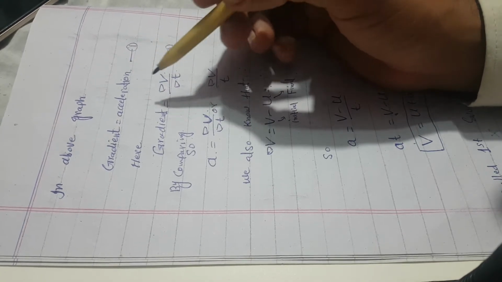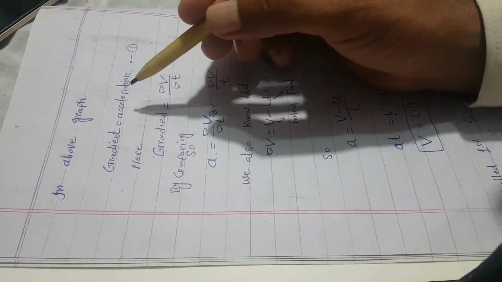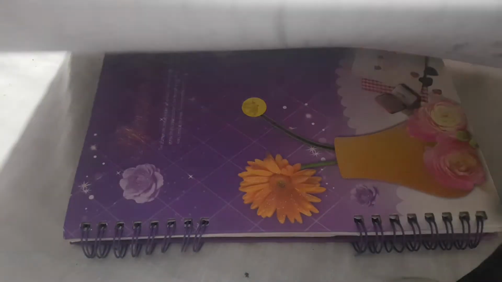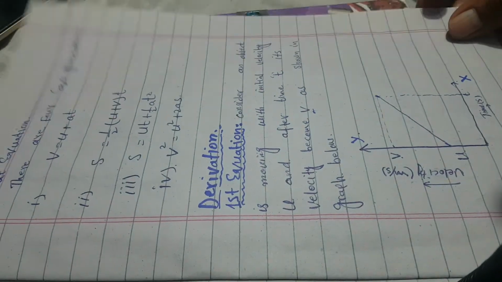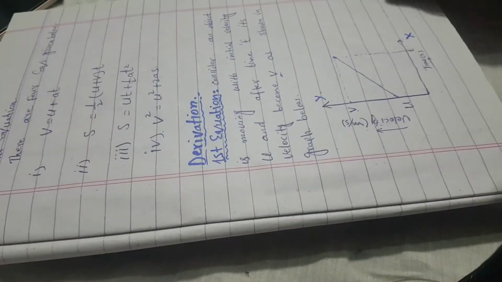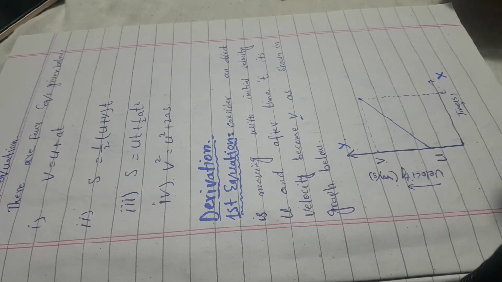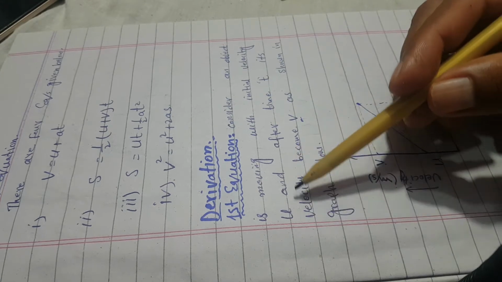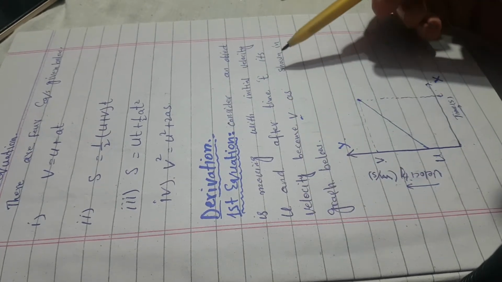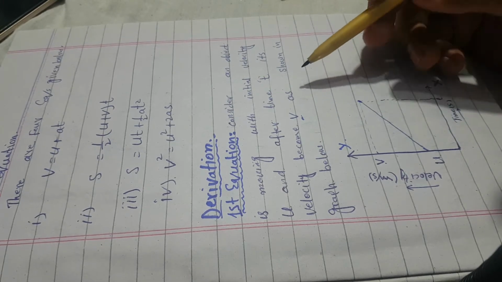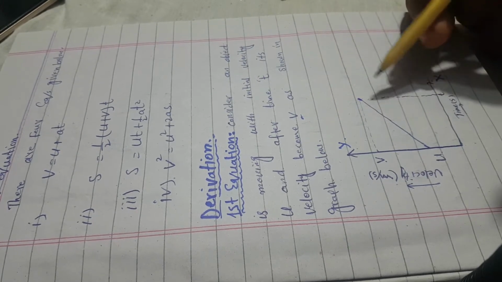Here we will discuss that in the previous graph, we consider that an object is moving with initial velocity u, and after time t its final velocity becomes v, as shown in the graph.